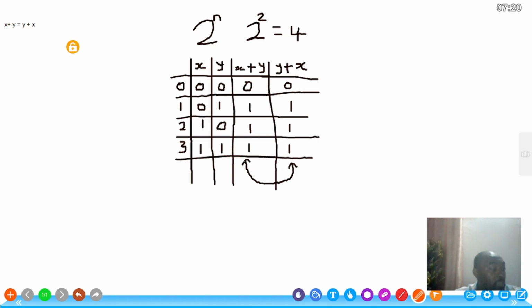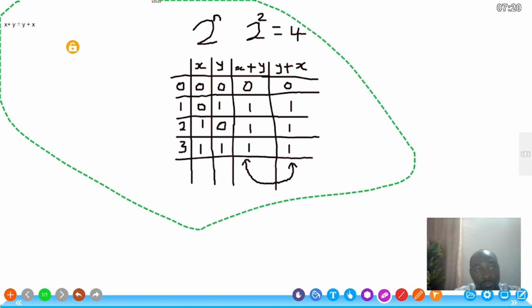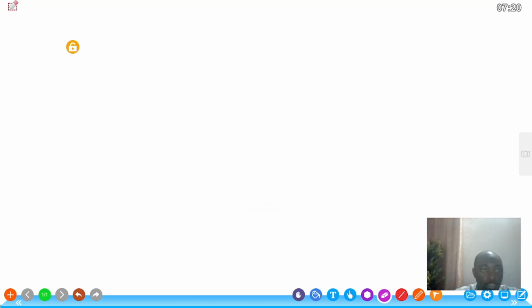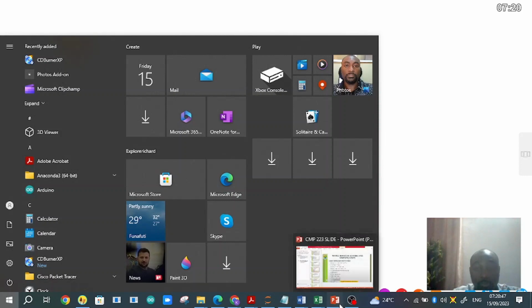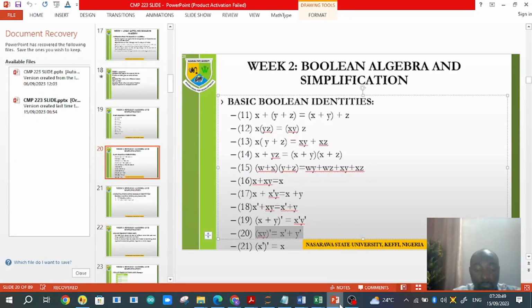So let's look at number 20, which says x y all bracket prime is equivalent to x prime plus y prime. So I'm going to clean this now so that we'll look at the second example.